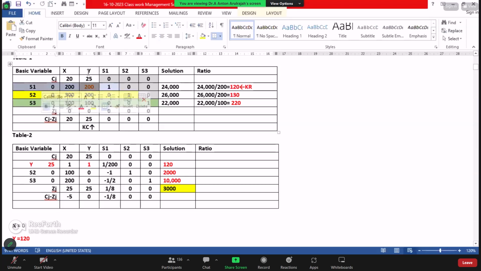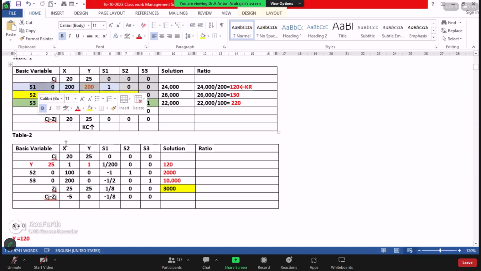And vertically if you look at it, this is the entering variable. So this decision is based on the key value. So we have to identify the key column, we have to identify the key row. Based on that, we have to identify the key value. Based on the key value, we decide which is leaving. That means one is leaving.